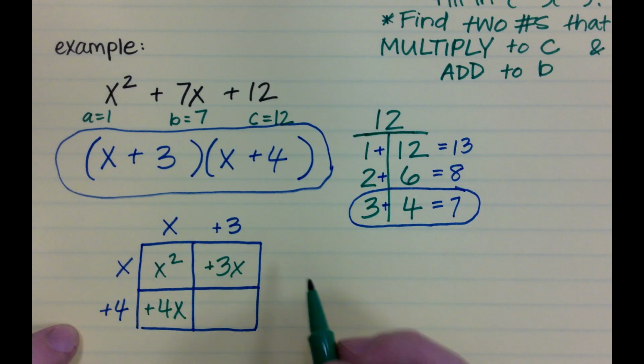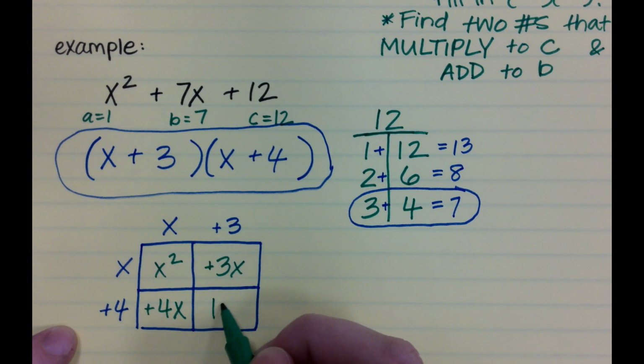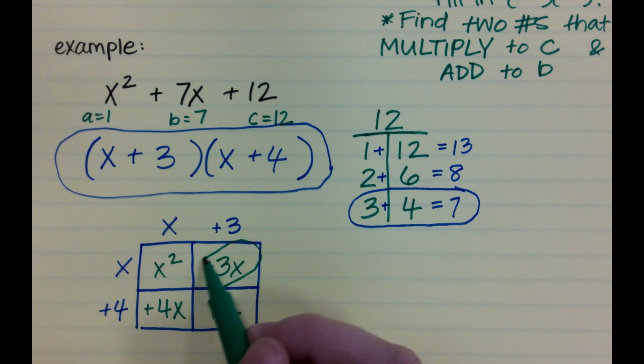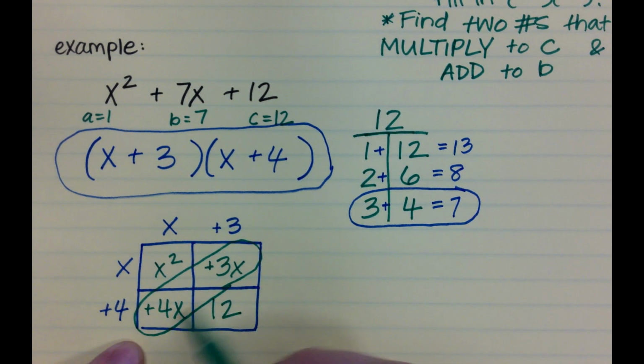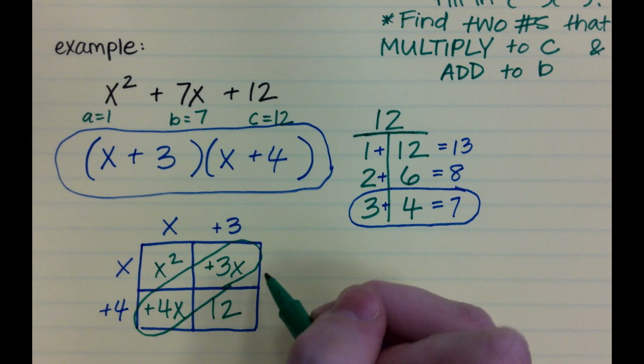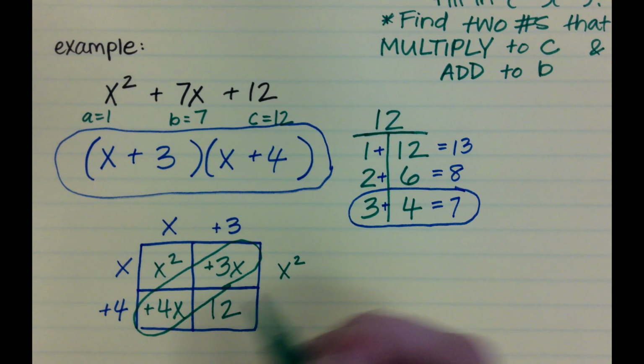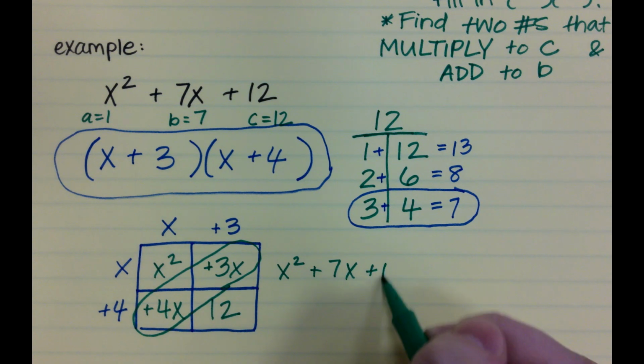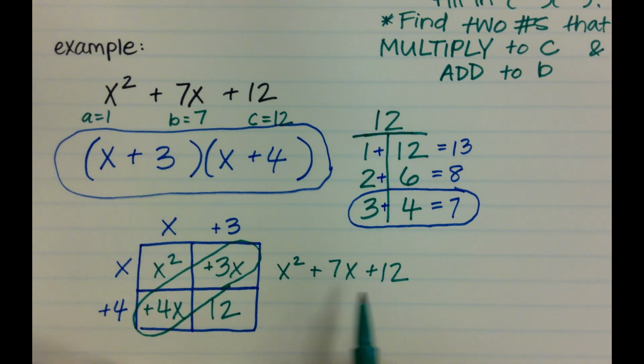And 4 times 3 is what? 12. So, guys, if we combine our like terms, 4 plus 3 is 7. So I can write it out as x squared plus 7x plus 12. And look at that. We know we did it right because we got the same thing we started with.